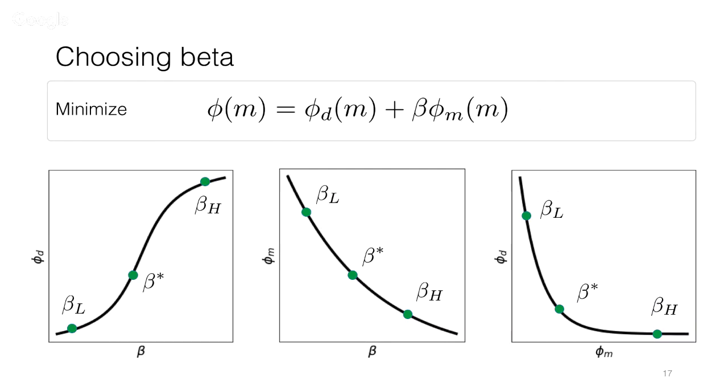If we start with beta high, we're emphasizing this, then beta high will give us a misfit that's really quite high, and a model norm that's low, and will put us up over here.